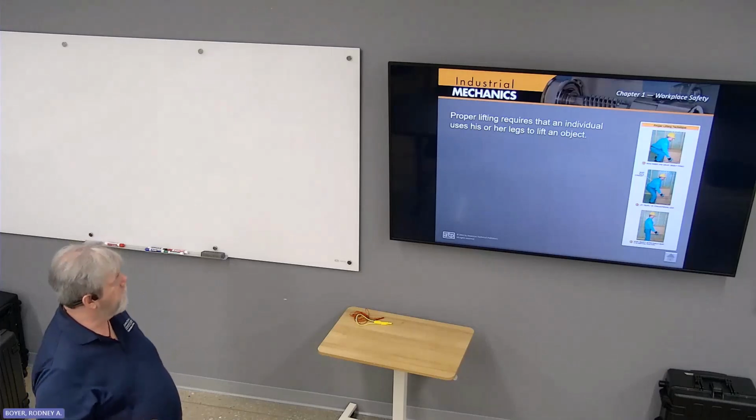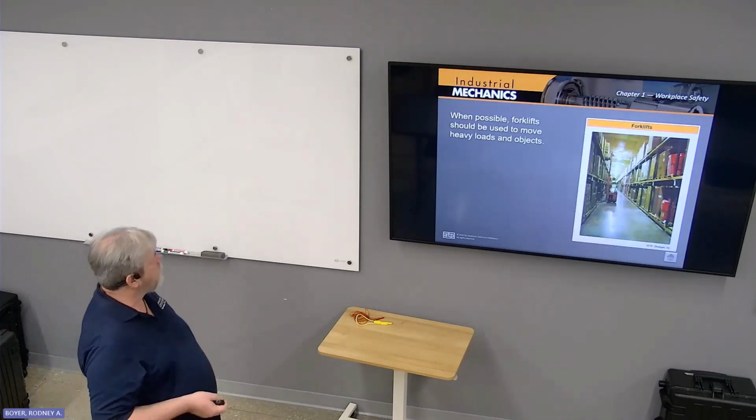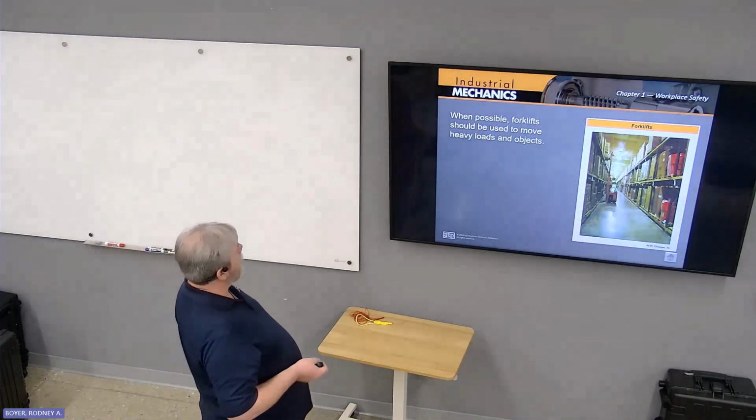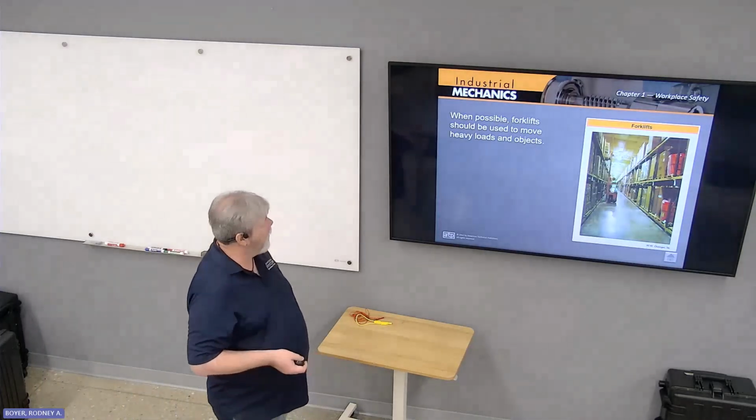And the old PowerPoint shows, I think, Homer Simpson bending over trying to pick up something, and it's creative. So when possible, forklifts should be used to move heavy loads and objects.